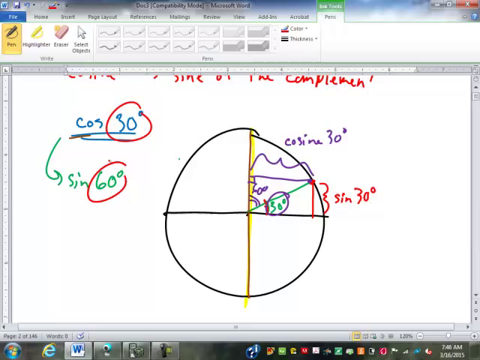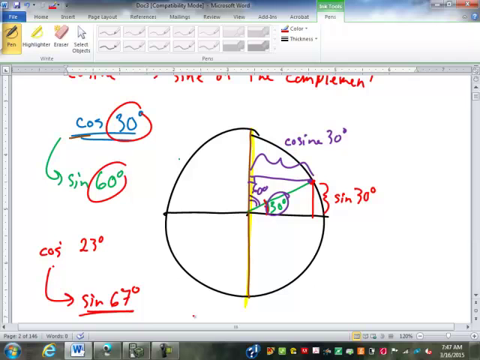I know you have a cosine button on your calculator, but if you didn't, and you wanted to find the cosine of 22 degrees, all you'd have to do is find the sine of 67 degrees, the sine of its complement. They will be exactly the same.